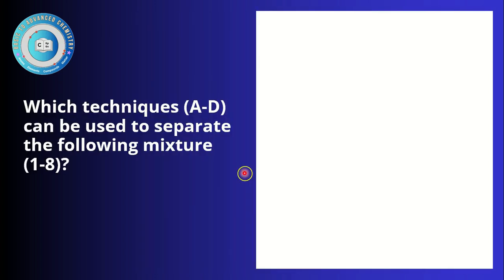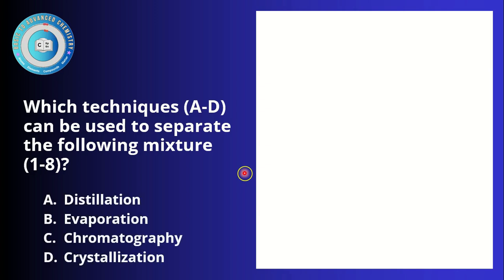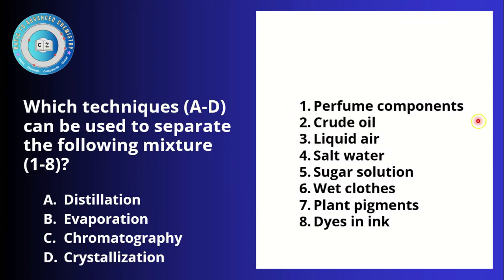Before concluding our lesson, let us try to answer this question. Which techniques A to D can be used to separate the following mixtures 1 to 8? Let us see one by one. Perfume components. Perfume has different components.